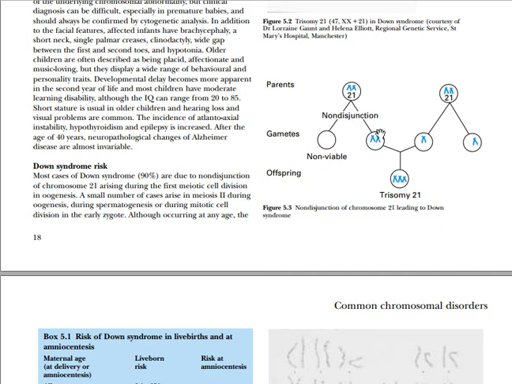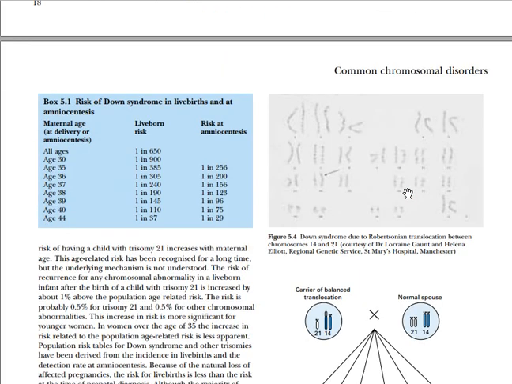So you have non-disjunction of the mother's chromosome, and when the normal sperm from the father comes and fuses with that, it produces three chromosomes instead of the base set of 23. So you have trisomy 21. It is clear. So you can see these are the ages now, and the increased risk of trisomy.